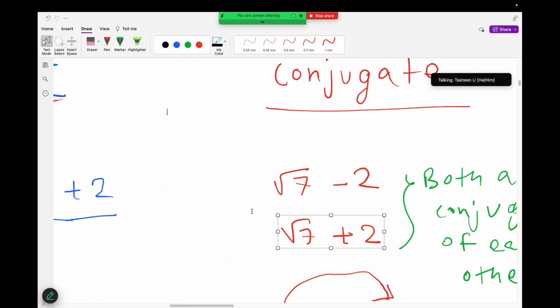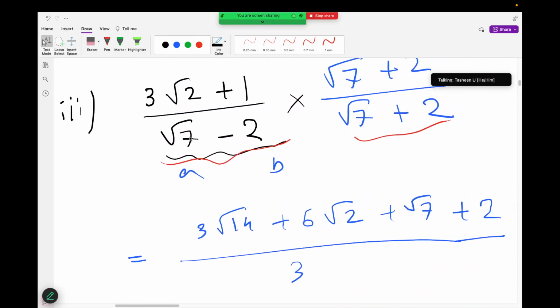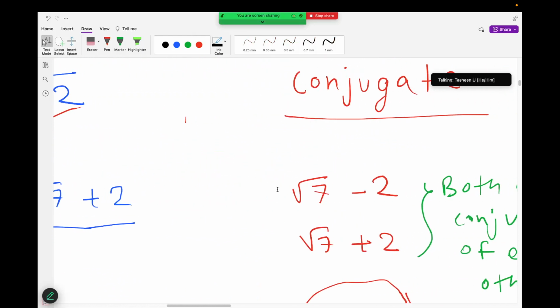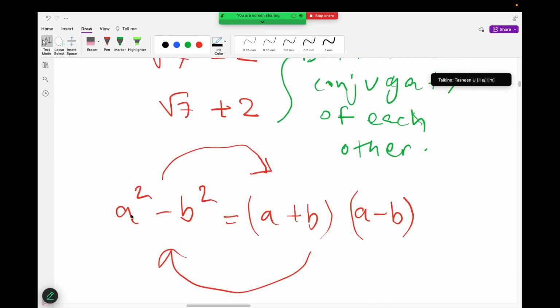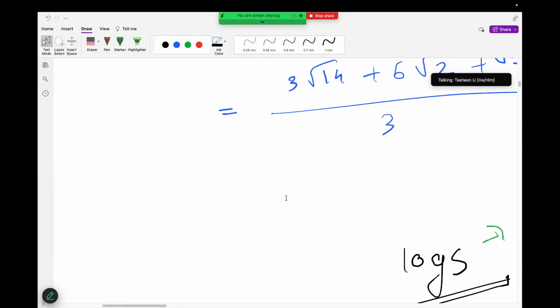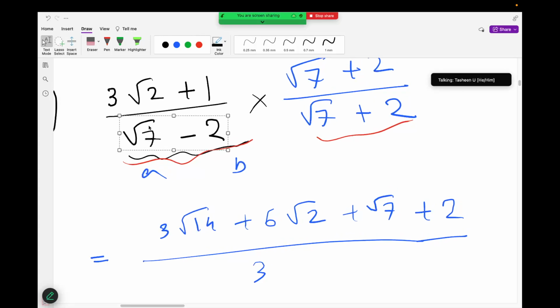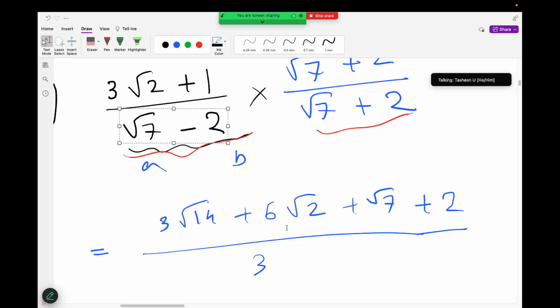So you have to multiply this thing with the conjugate so that a minus b and a plus b are being multiplied. We can use this identity: a square minus b square equals a plus b times a minus b. And now we can rewrite this as a square minus b square. So root 7 square minus 2 square ultimately becomes 3.